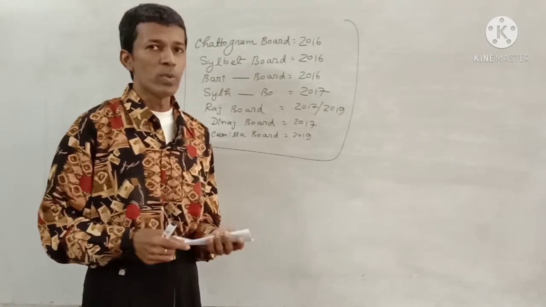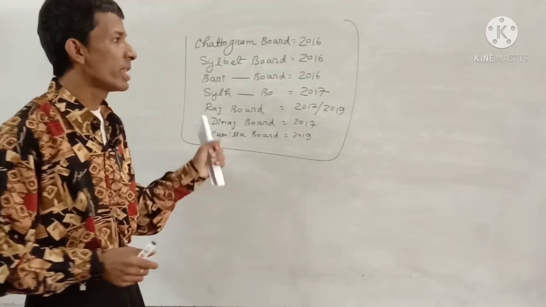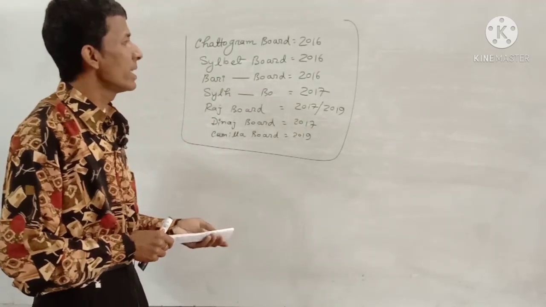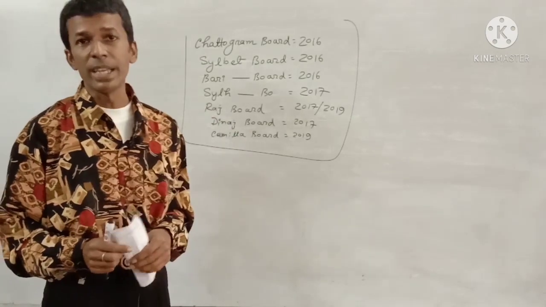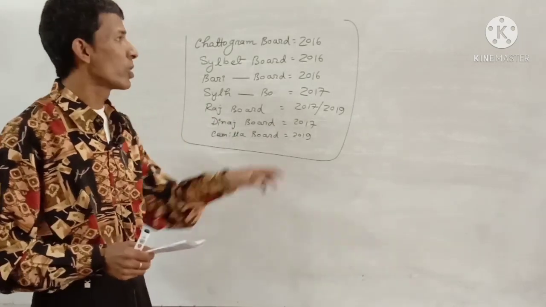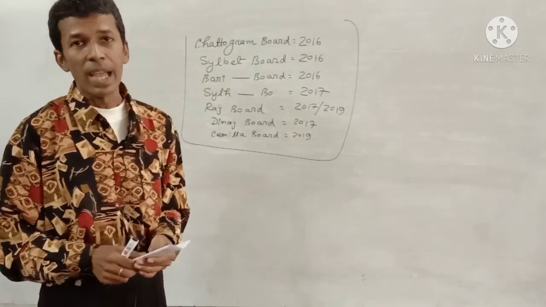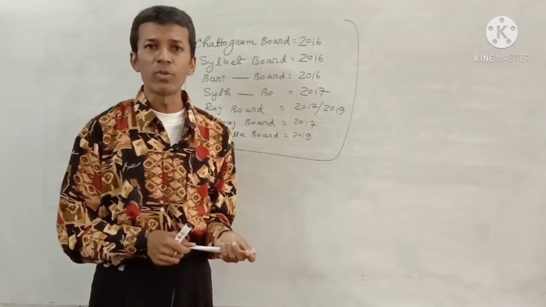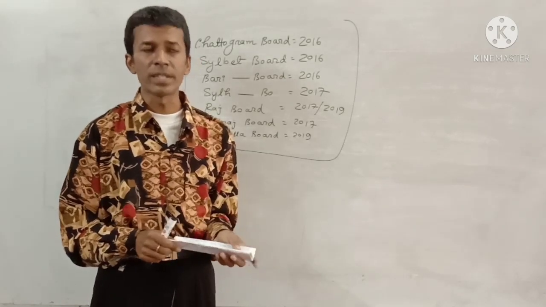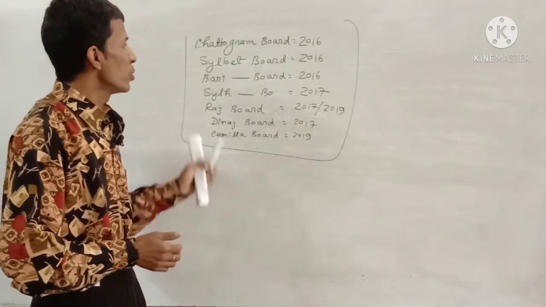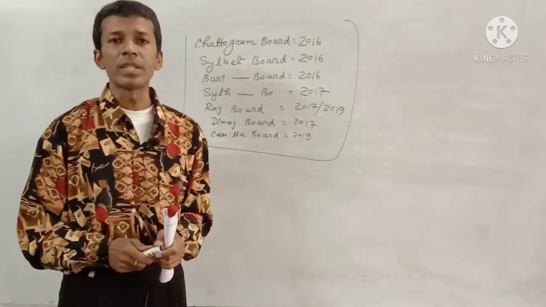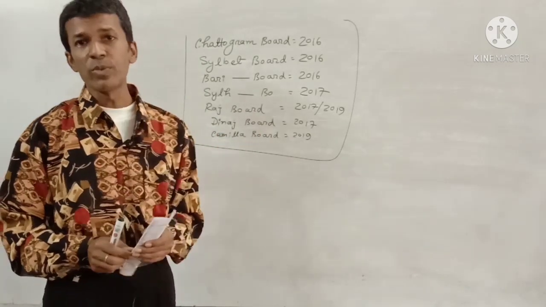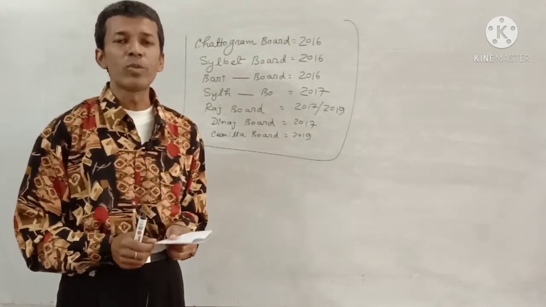So I want to tell you that first of all you will read all the rules and structures of the grammatical points, and then you will apply all these rules and try your best to make the solution of the board questions. And students, if you watch my classes regularly, you will find, and you have already discovered, that I always try to make you understand the rules and structures belonging to English grammar, and the rules and structures will have to be applied by you to make the board solution.